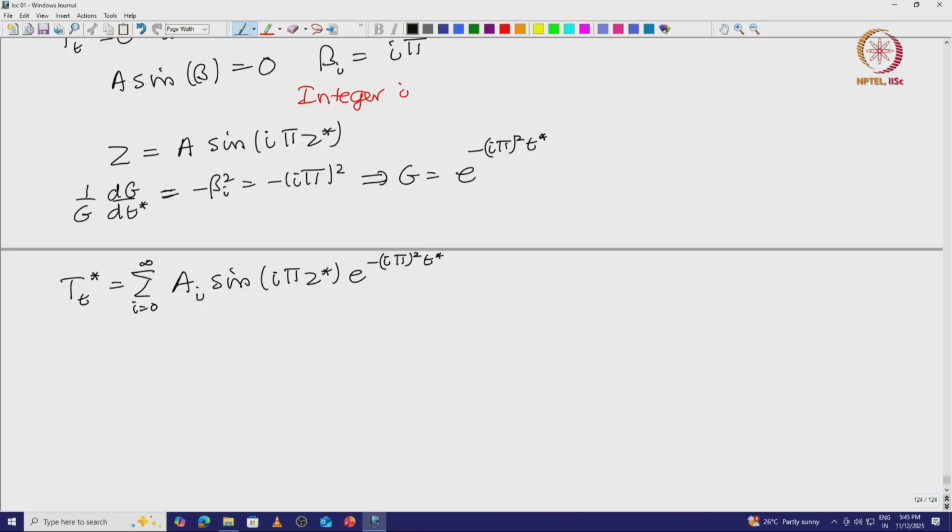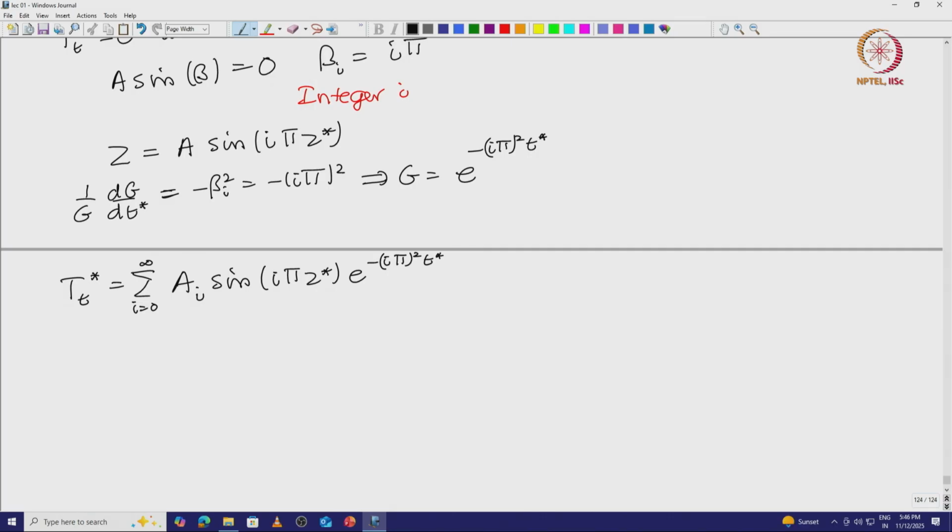This solution satisfies the governing equations and the two boundary conditions. There are constants of integration A I in this infinite series. How do we determine these? We have only the initial condition to determine these constants.